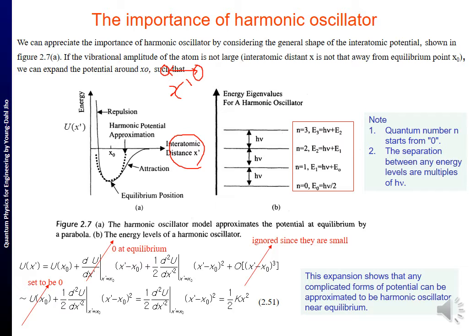Depending on that x prime, the interatomic potential shape is changing. So depending on the atomic shapes, and also depending on types of bondings, there are different types of bondings. For example, you might have heard of covalent bonding.